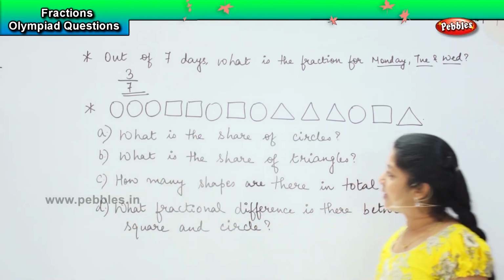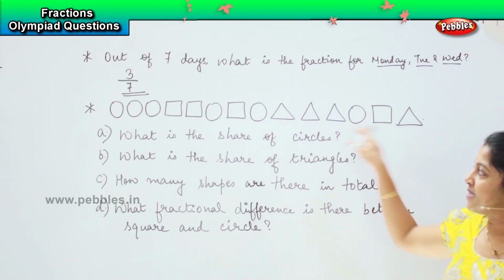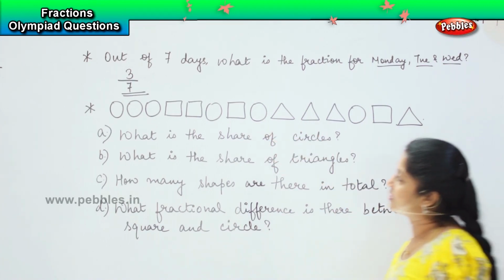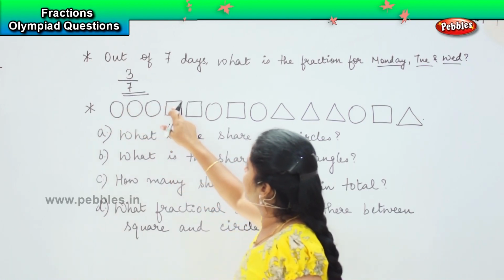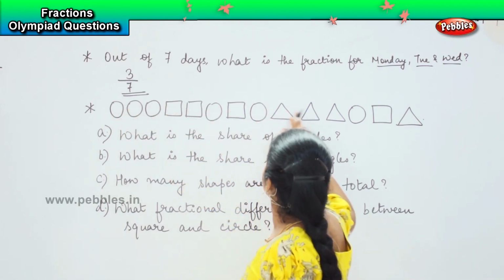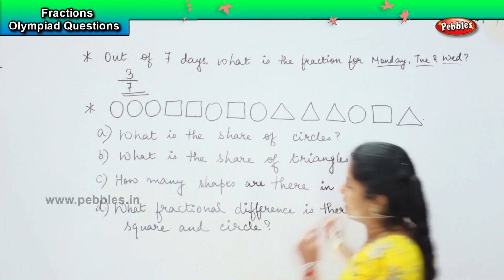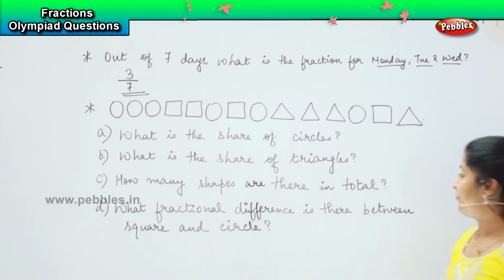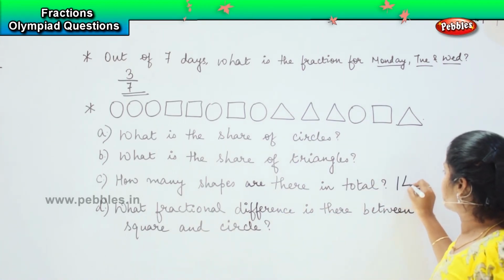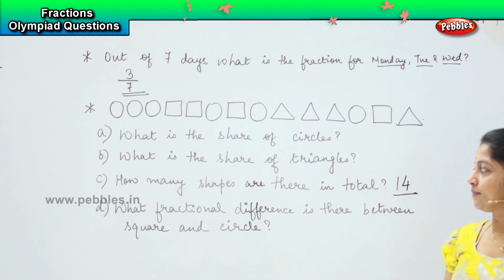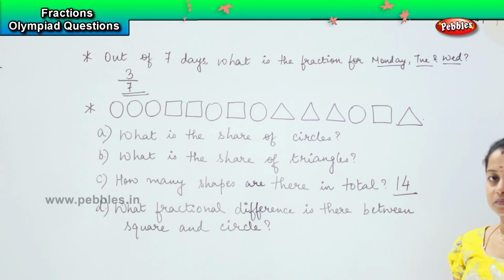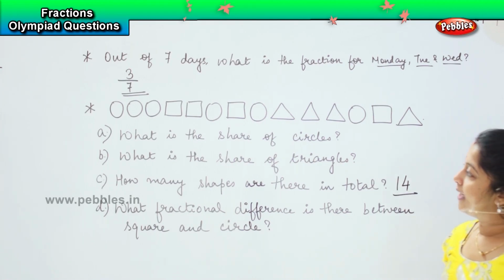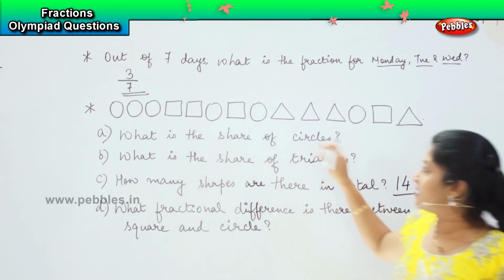Okay, did you understand? So how many shapes are there in total? Shall we count first? Okay. 1, 2, 3, 4, 5, 6, 7, 8, 9, 10, 11, 12, 13, 14. So there are a total of 14 shapes. Right. Yes. So next it is asking, what is the share of the circles?